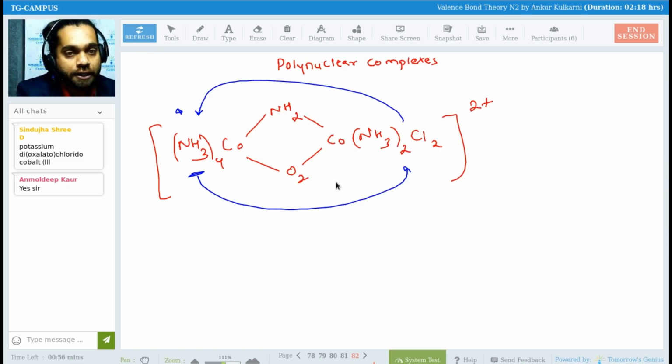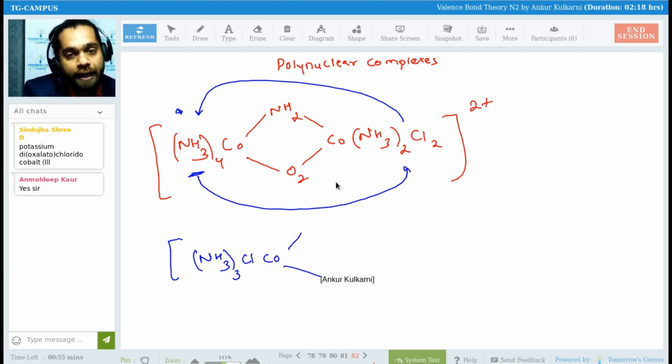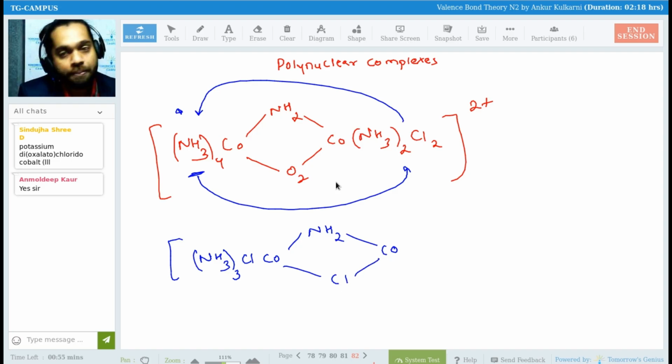So what I'll get over here, I will have 3 ammonia and 1 chloride attached to cobalt. Then I have a bridge ligand of ammonia, cobalt. I have chloride over here. Then the Cl is exchanged, ammonia is added. So I have 3 ammonia over here and 1 Cl.